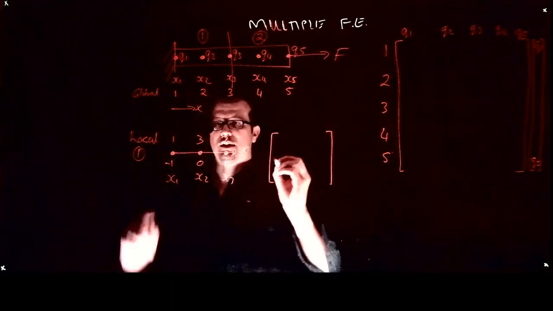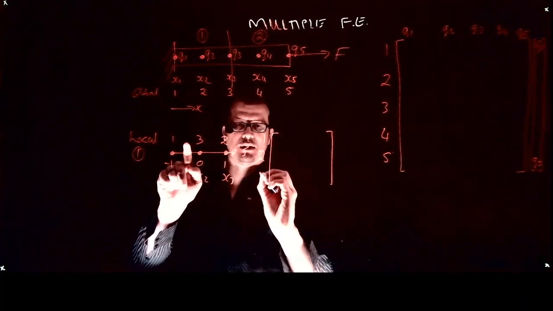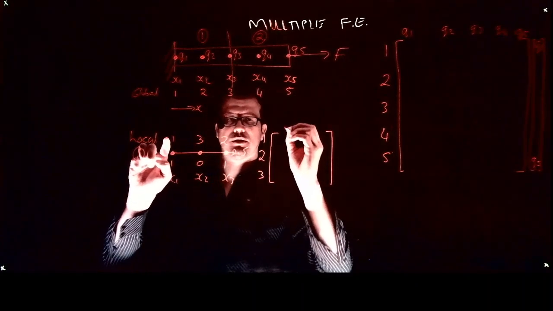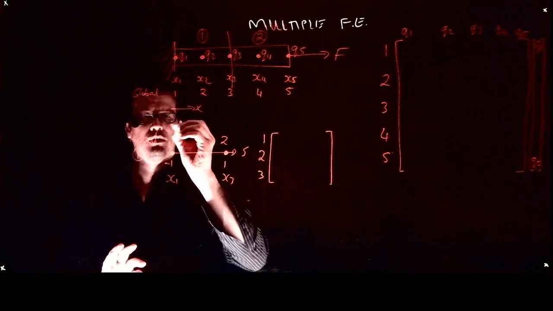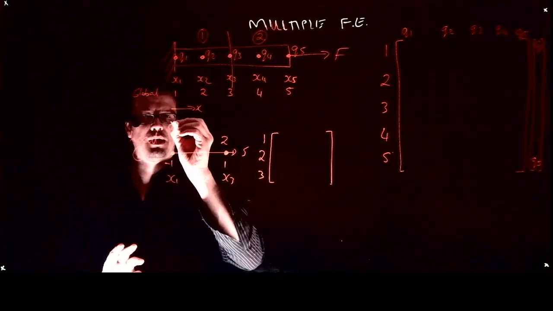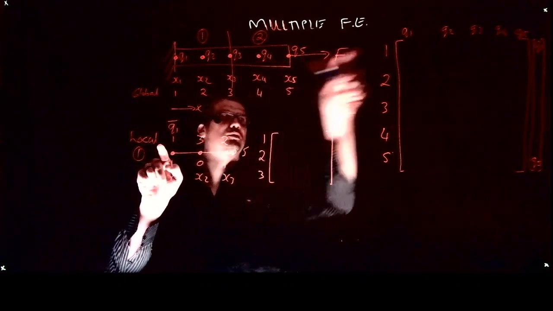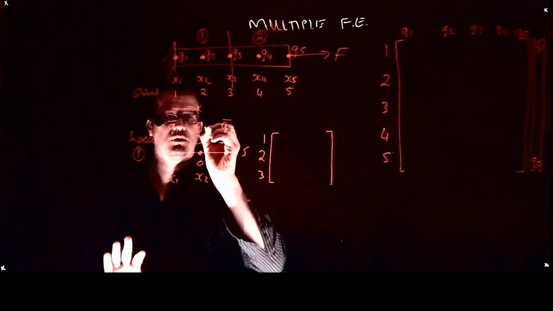So this tells me there's a force balance at this node, at this node, at this node for each of the rows, and each of the columns is the unknown associated with it. In this local system, I'm going to call it Q1 and put a bar on top to distinguish it from the Q's in the global system, Q1, Q2, Q3.